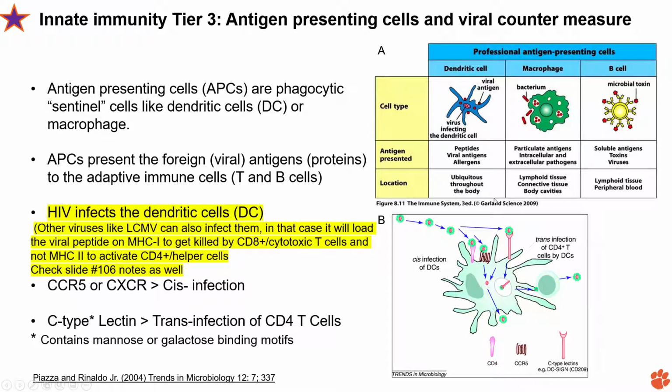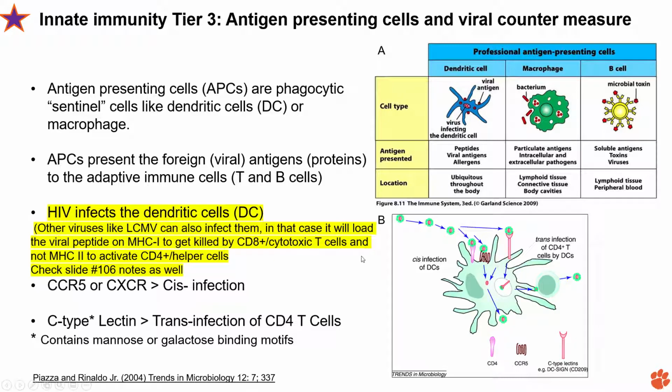So what do we mean by this? Suppose this dendritic cell is processing a viral antigen for antigen presenting. When it antigen presents to the CD4 T cells, it will load the viral component on its MHC2, presenting to the CD4 T cells to alert the immune system. That is the normal function. But if the dendritic cell itself gets infected, not capturing the pathogen but itself getting infected, in that case the cell basically commits suicide.